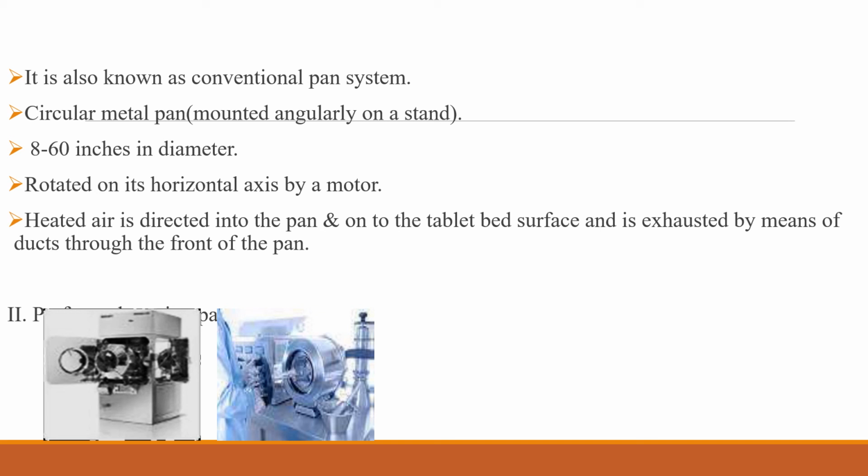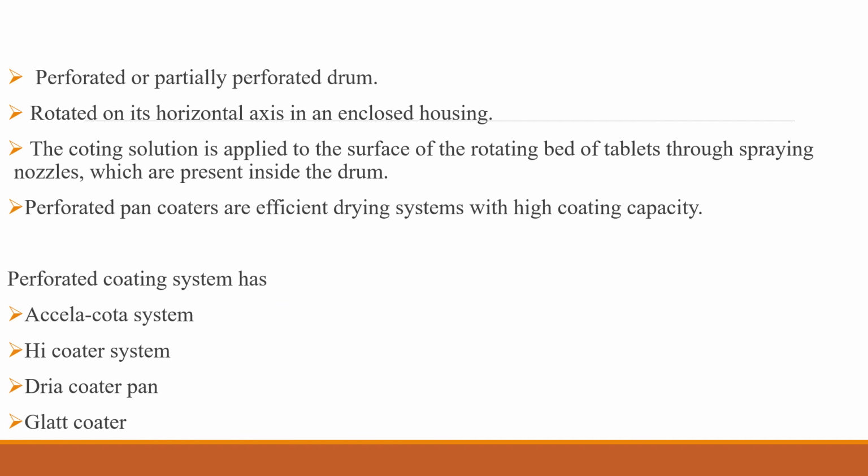Next, coming to the perforated pan, here is the diagram that describes it. It is a perforated or partially perforated drum, so a drum shape is there. It is rotated on its horizontal axis in an enclosing housing.